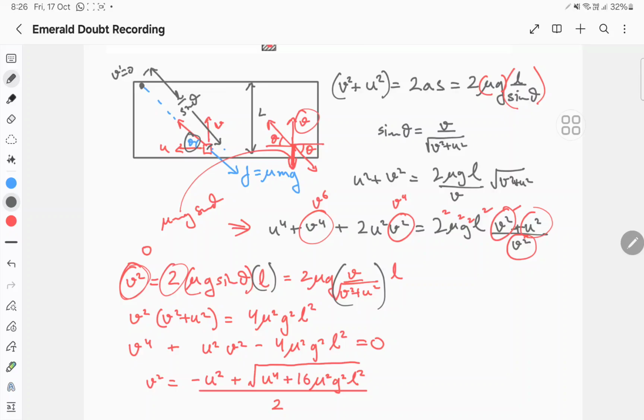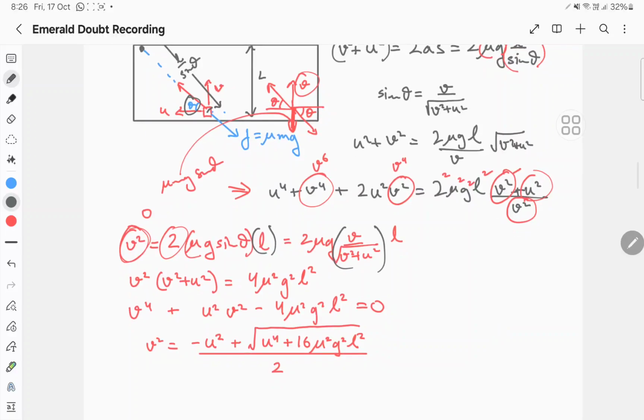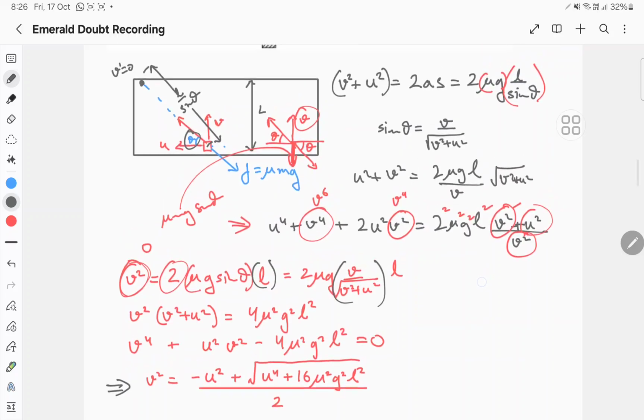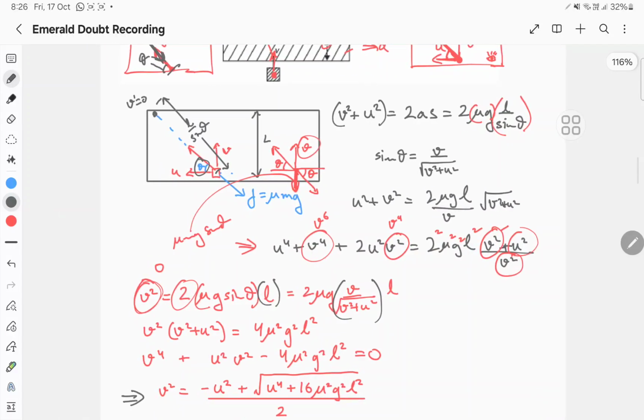So when we do this, we see that we are getting a v power 4 and v square, which is in a quadratic format, not a cubic format, so easy to solve. So this is what you get as your solution.